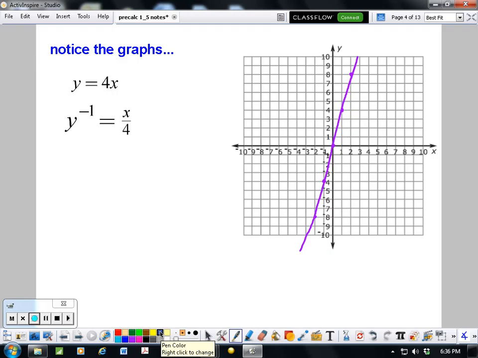Start at 0, 0, go up 1 over 4, up 1 over 4. And then again showing you that that line y equals x gives you that mirror line where the two graphs mirror each other each side. You could fold on that and they would match up perfect.